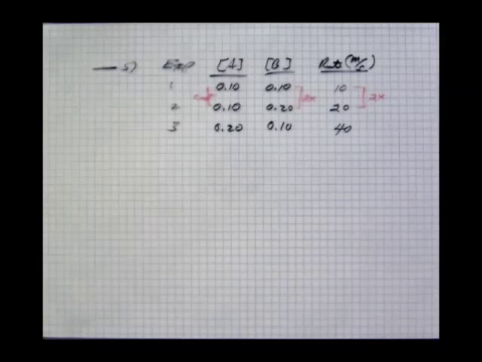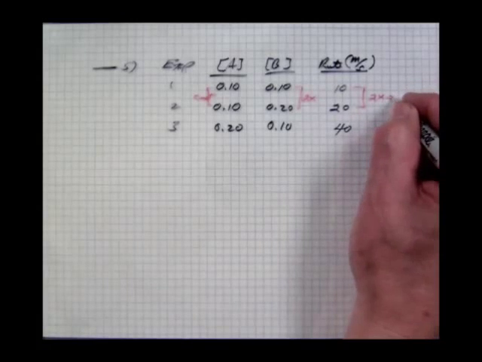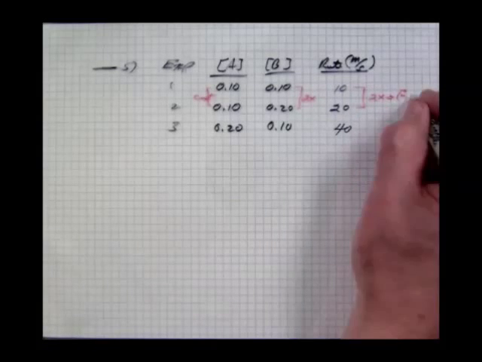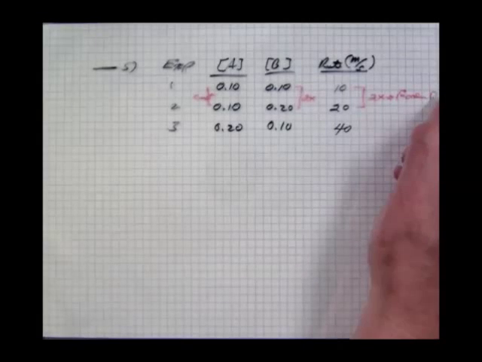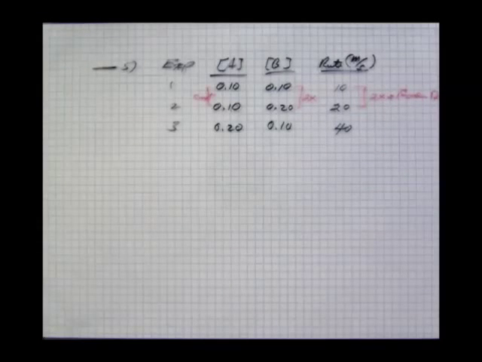So if you double concentration, you double rate, what's the order? First order. Okay? The trend is a first order reaction. That's the conclusion that you should draw from the experimental observation.